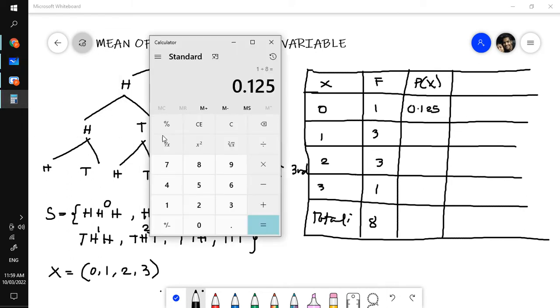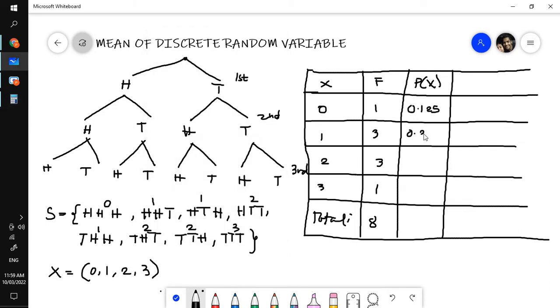Okay, next we have 3 divided by 8. This gives us 0.375. The same here, since they have the same frequency, 0.375, and here as well, 0.125 rather.